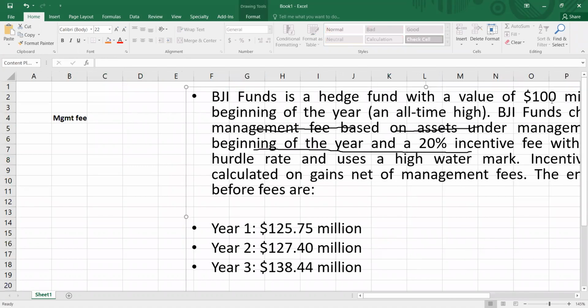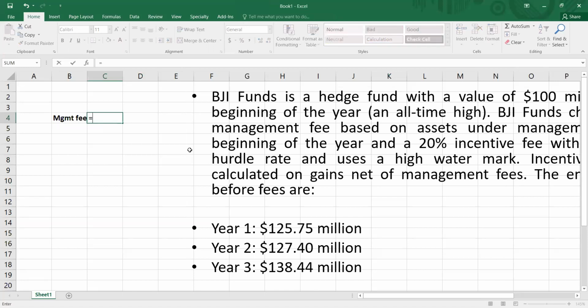So basically, we have the hedge fund value, 100 million, times the fee, which is 2%.